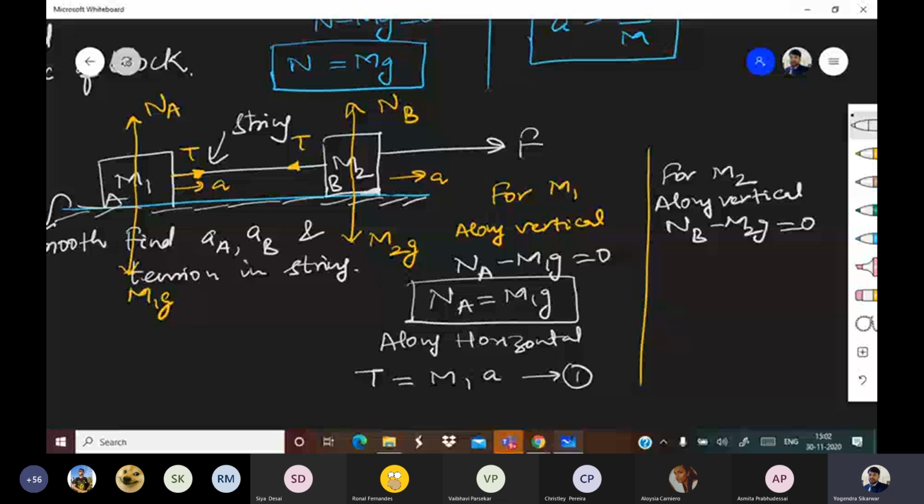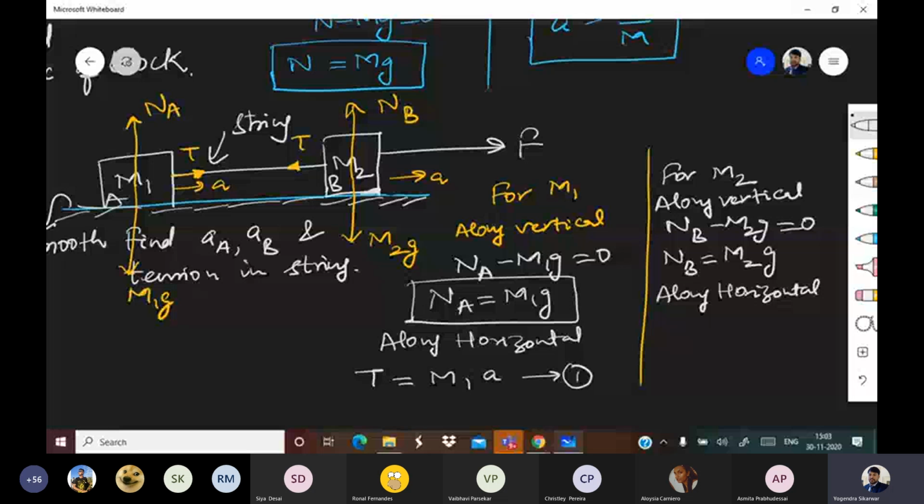All right. Now along horizontal, can anyone else see the screen?